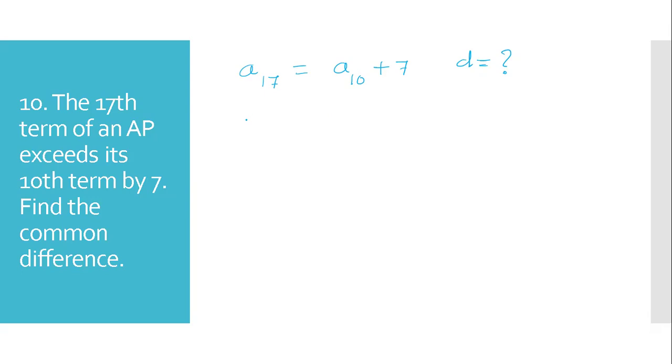A17 is equal to, we know that, using the general form of AP, A plus 16D is equal to A plus 9D plus 7.